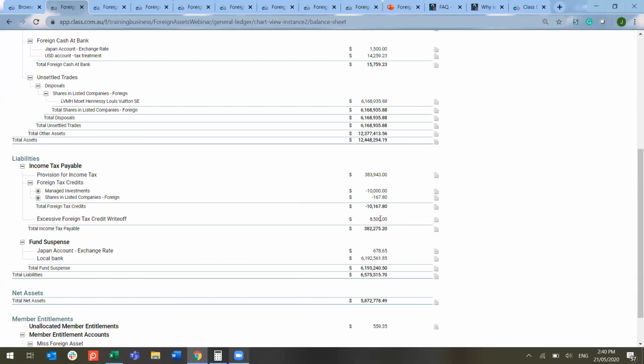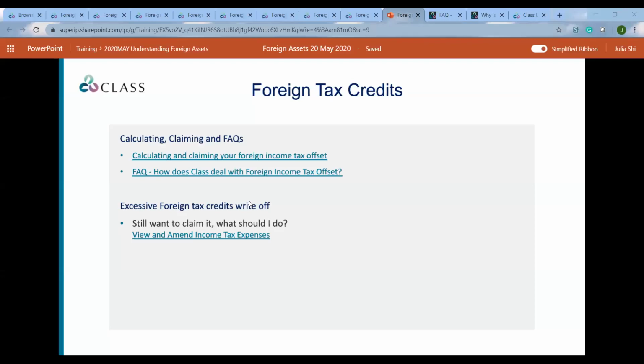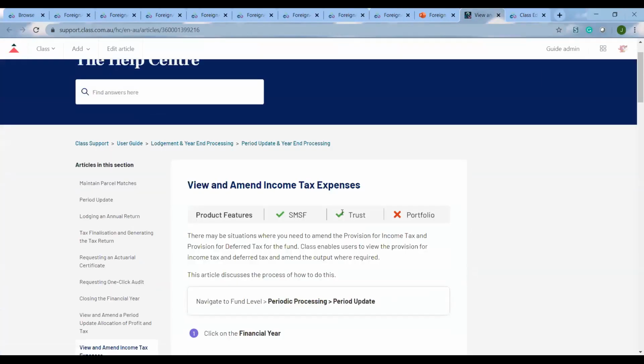Sometimes clients do come and ask us what this is. This is purely readjusting your threshold for the foreign tax credits that can be taken up by the tax return. If you still would like to claim it, I have put the notice user guides up to here.